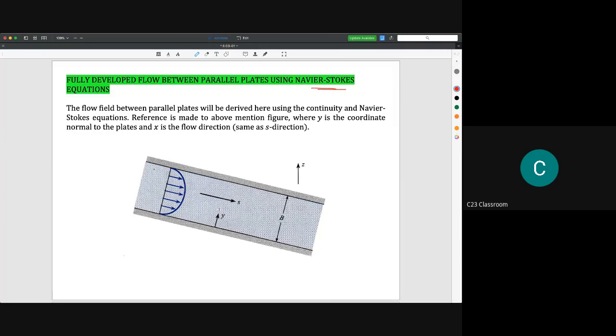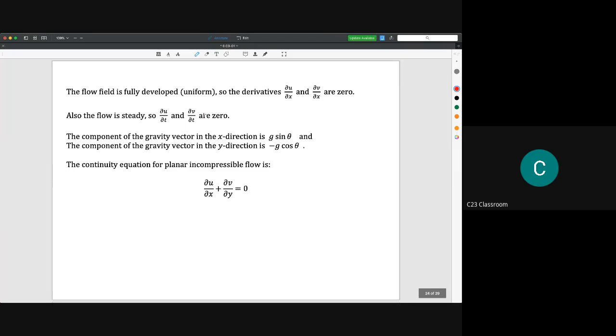Let's say we have this condition, and then we make assumptions. The first step in using the Navier-Stokes equation is to simplify your equation, because the Navier-Stokes equation is a very complicated equation and it consists of all parameters. It consists of x, y, and z, it consists of gravity, it has a pressure term, and so on and so forth.